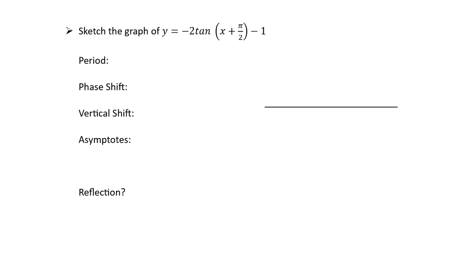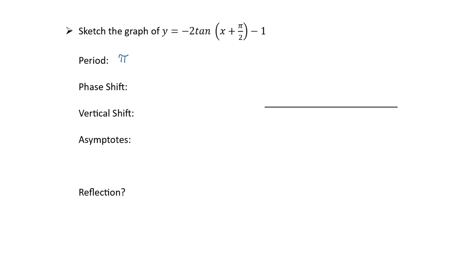Alright, let's sketch the graph of y equals -2 times the tangent of x plus pi/2 minus 1. Our period, remember, is pi/b. b is just 1. So our period remains at pi. Now we do have a phase shift.